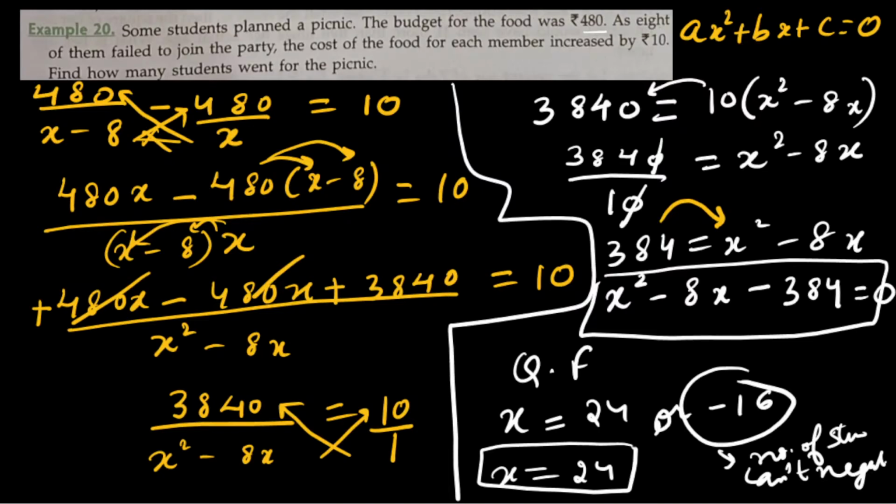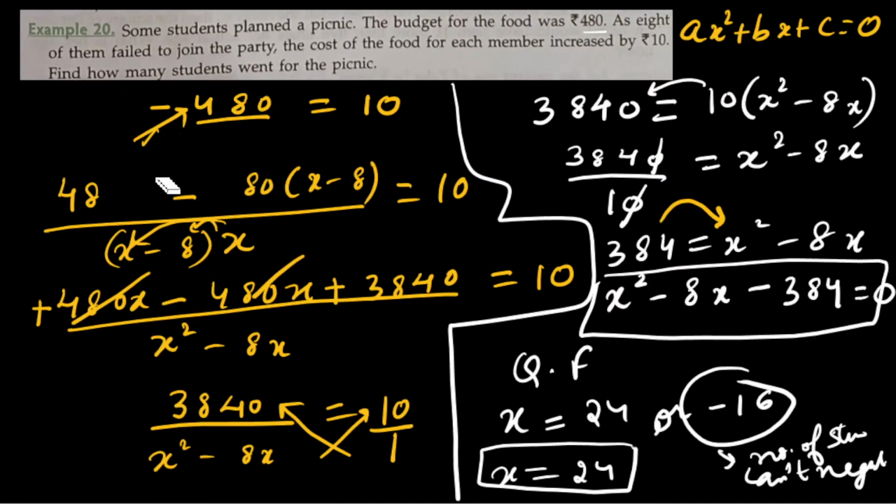Now they have mentioned here that the number of students actually were 24, but how many of them went for the picnic? Actually, that number we have to find.